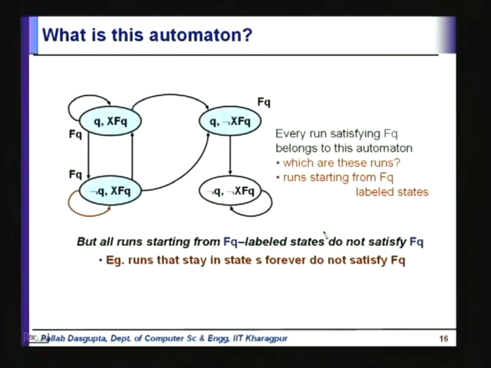So this is the summary of what we said just now: every run satisfying FQ belongs to this automaton. Which are these runs? The runs starting from FQ-level states. But not all runs starting from FQ-level states satisfy FQ. For example, runs that stay in this state S forever do not satisfy FQ.